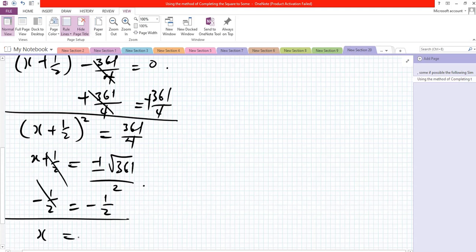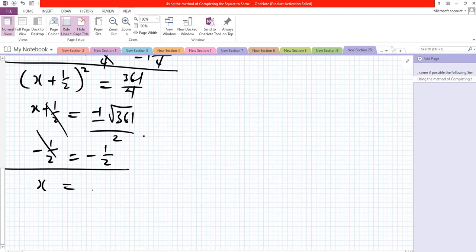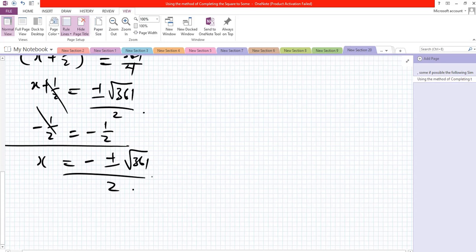You are now left with x equal to minus 1 over 2 plus or minus 361 all over 2. So that's the value of x. So this is the value of x.